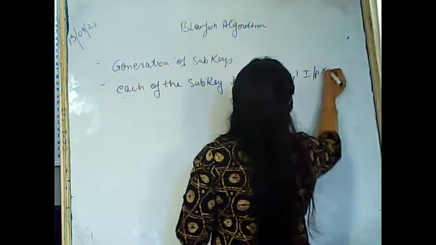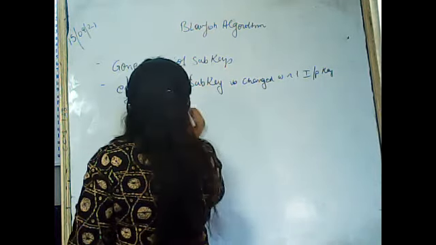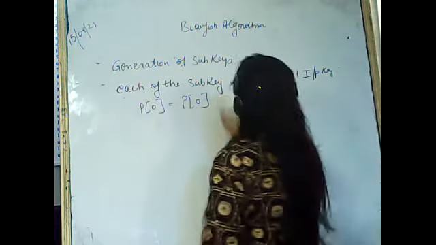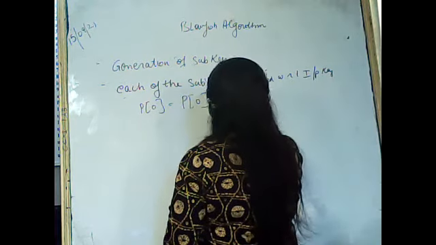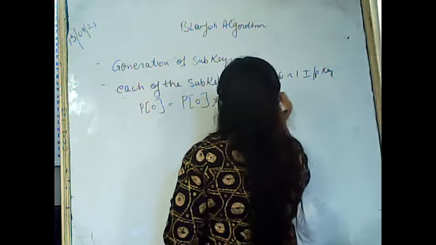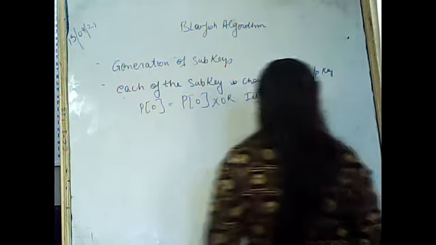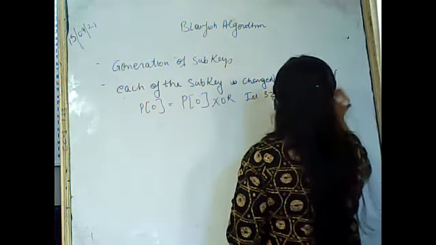So we will be giving some input key also. So how can we represent this? That is P0, which you have calculated previously, XOR the first 32 bits of the input key.